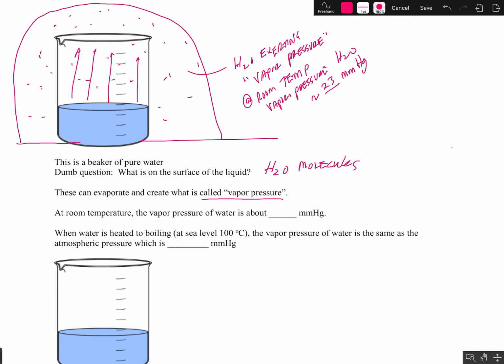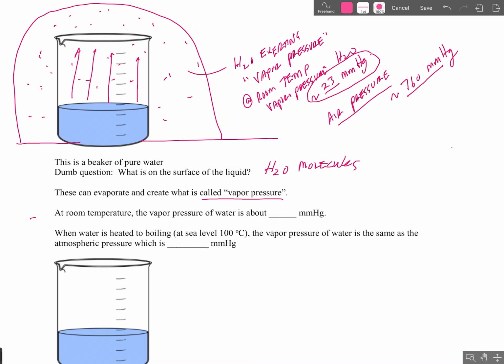Now, air pressure on a typical day at sea level, now not vapor pressure of water, but the pressure of the air, is about 760 millimeters of mercury. So the vapor pressure of the water is 23 millimeters of mercury at room temperature. Air pressure is about 760 millimeters of mercury.